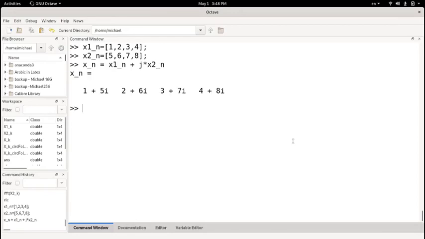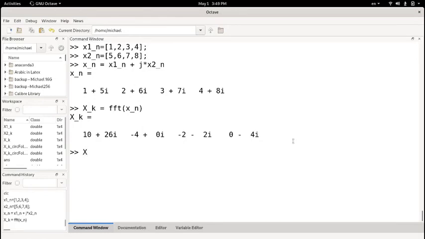So as you can see over here, 1 plus j5, 2 plus j6, 3 plus j7, 4 plus j8, and so on. Now computing only one DFT operation, which is FFT of this sequence xn, this will be the DFT x of k.